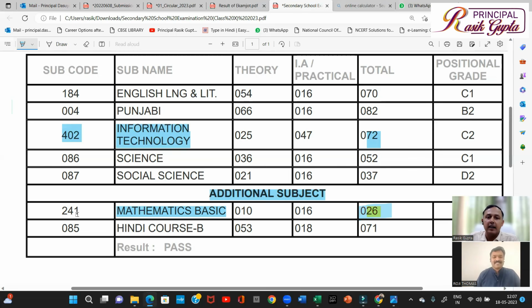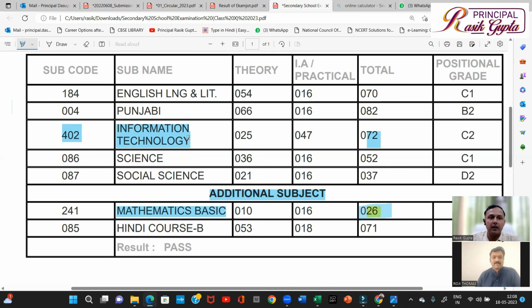Had the student passed mathematics with 33 marks also, there would not have been any replacement with IT. It would not have been replaced with IT had the student passed mathematics.